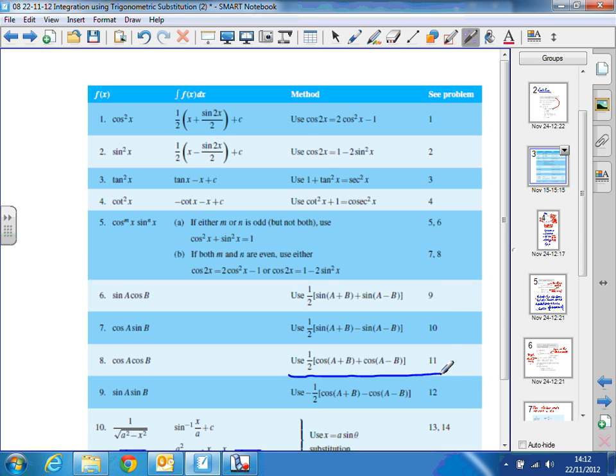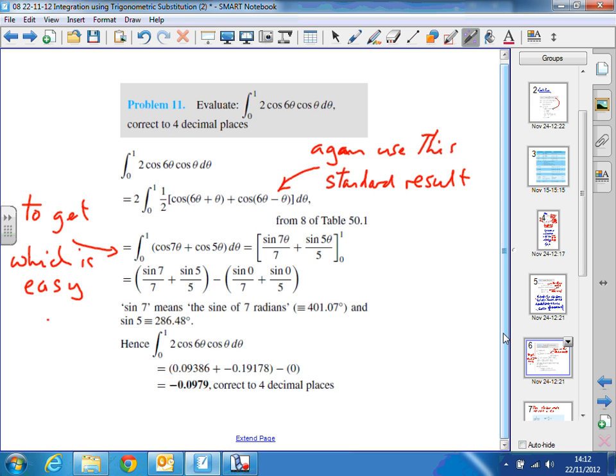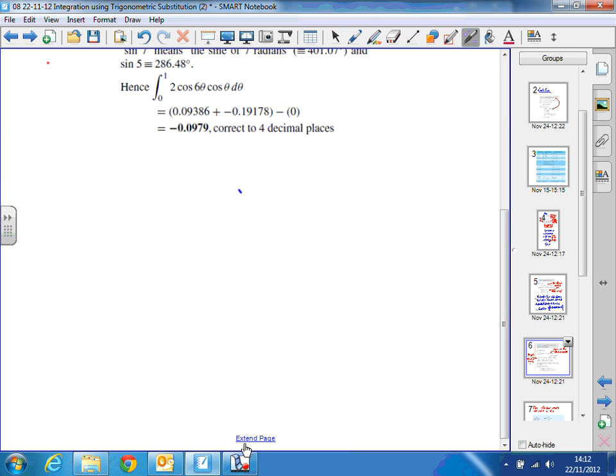So if I were to just start this one off, you maybe want to finish that off. So what are the compound angle formulae for cosine?